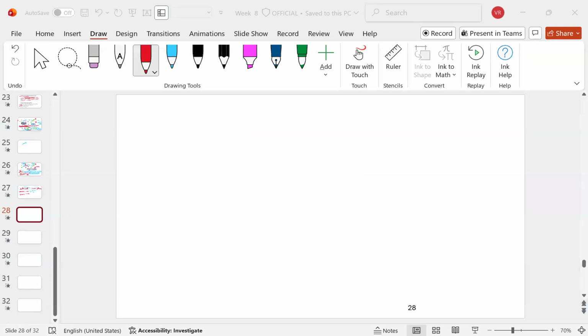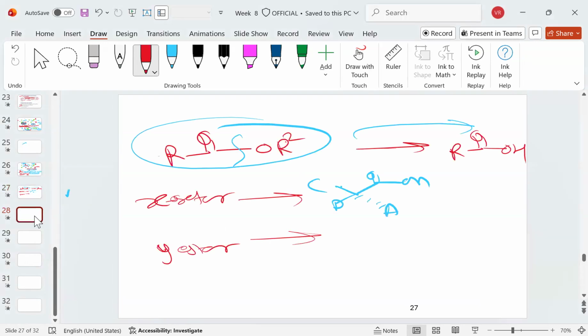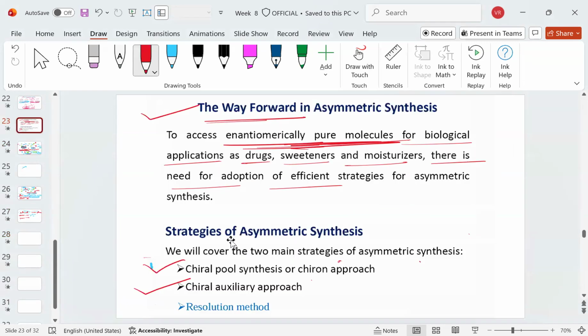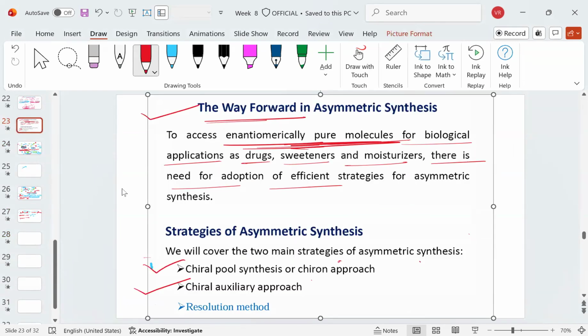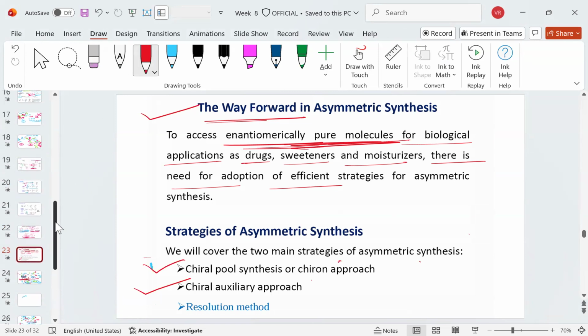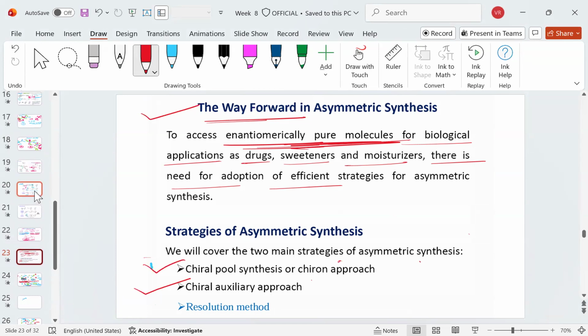Sir, hello. Hi, sir. Yes. Yeah. Sir, I could not understand. Please repeat the session if possible. This mainly, from here, what is the resolution? Yeah. Or from, this is okay, your slide number.